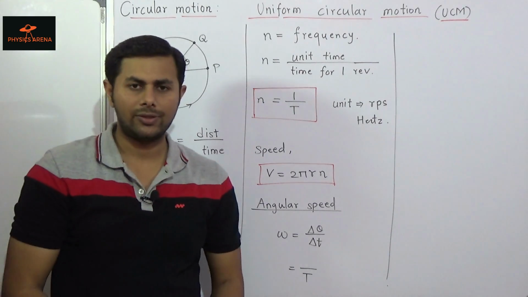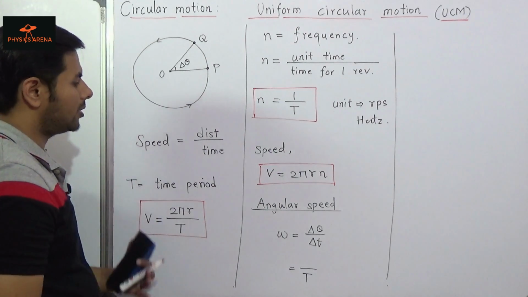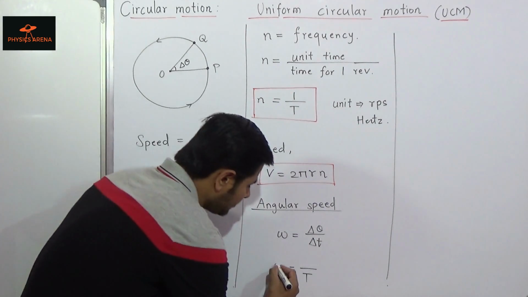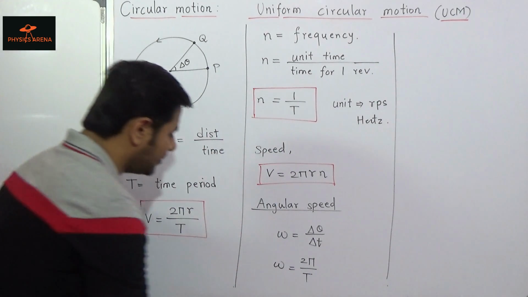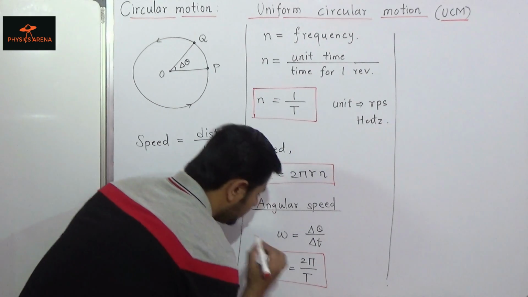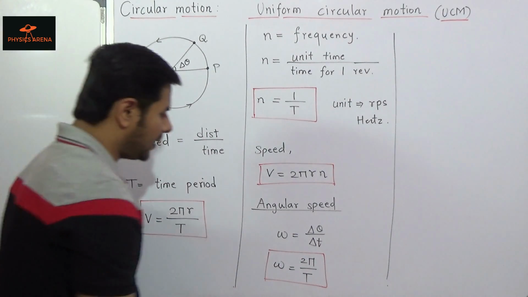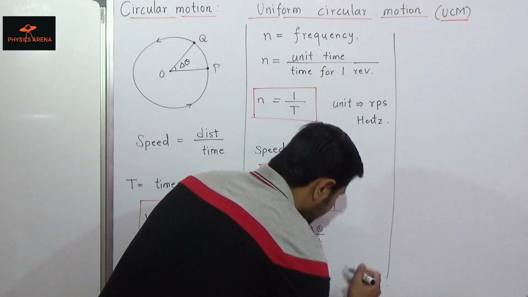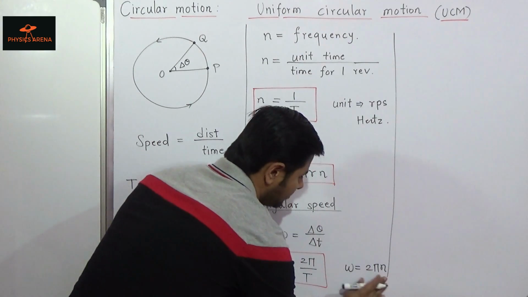So the angle covered would be equal to 360 degrees or 2 pi in radians. So omega is 2 pi divided by T, and since 1 over T is n, we can write that omega in terms of n is 2 pi multiplied by n.